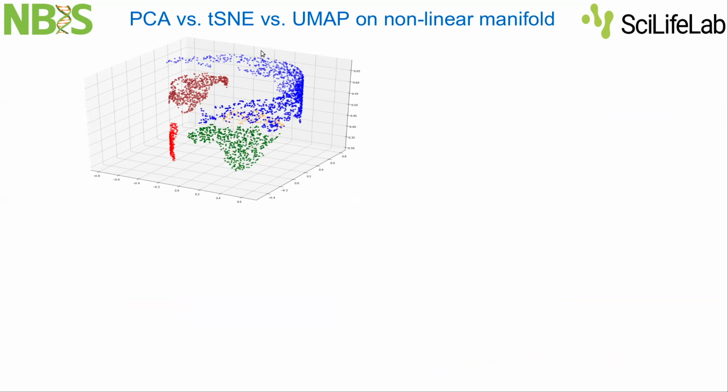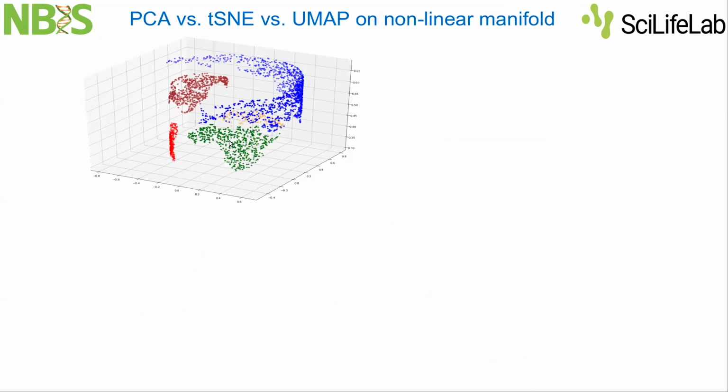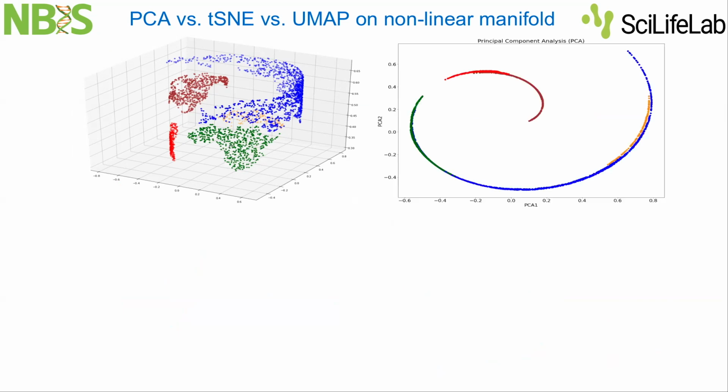So a good dimension reduction technique should reproduce the original 2D map, because the third dimension doesn't bring any new information. The distances between the continents are all coded within the 2D map. And this is what PCA does with this situation.